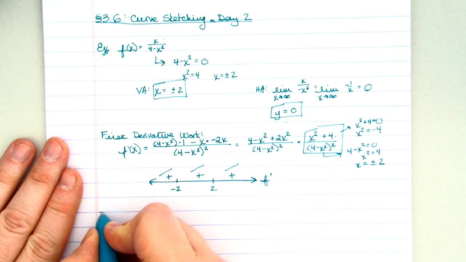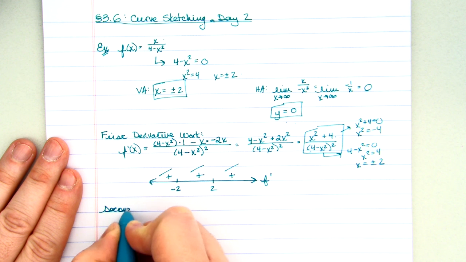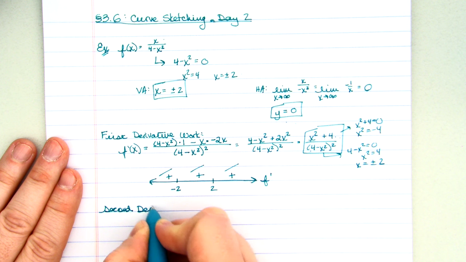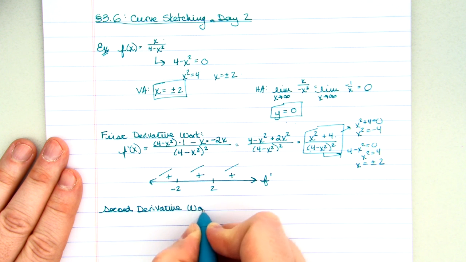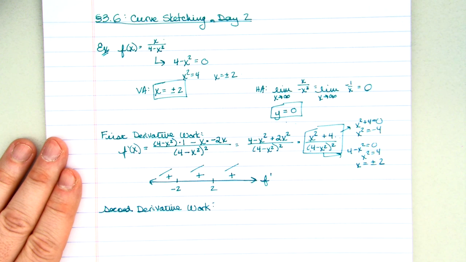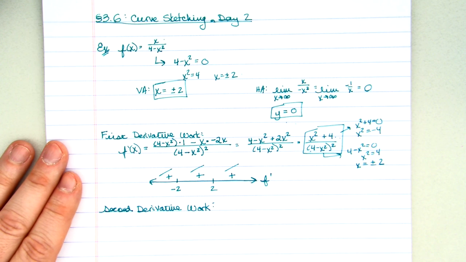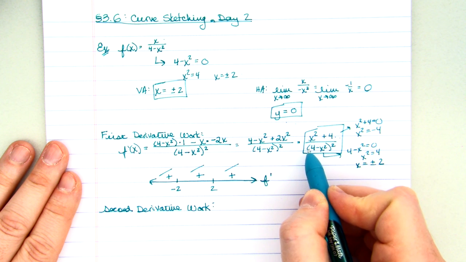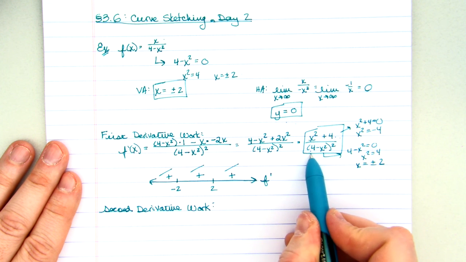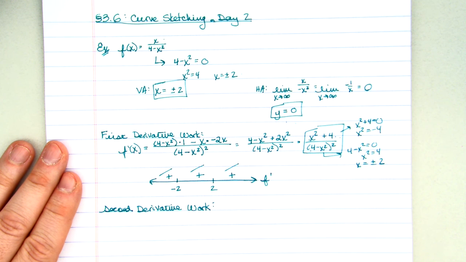We now need to find the second derivative. And I think we're going to do some of this together, because here's where it gets a little messy. I'm going to leave my first derivative in this form, and I'm going to use the quotient rule, just keeping in mind that there's going to be some chain rule stuff involved when I go to do the derivative at the bottom.